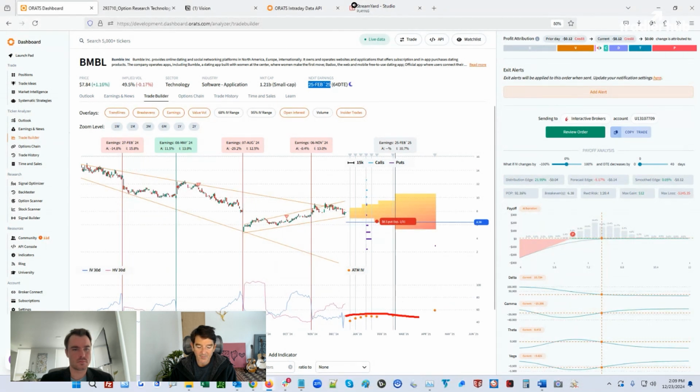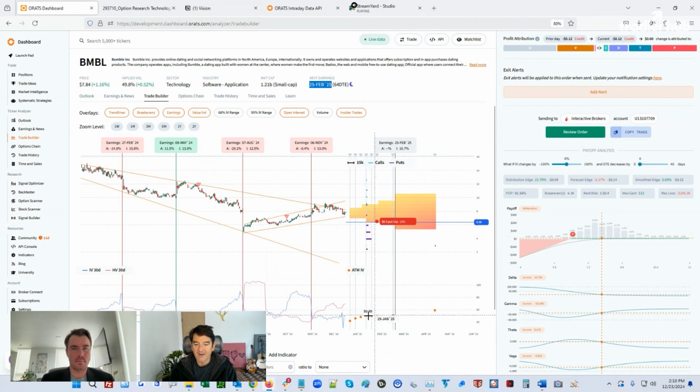Actually, I'll draw it this way, holding the shift key. So that's where we're drawing the 30-day implied volatility at that point. I'll press escape, but you can see that some of the front months are well below that amount, and then after earnings, the vol goes up to somewhere like 60.